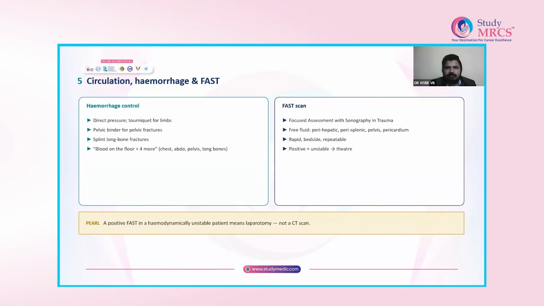So any patient with a history of trauma, positive FAST, and unstable vitals: you start from the FAST scan to detect free fluid in the perihepatic, perisplenic, pelvic, or pericardial area.